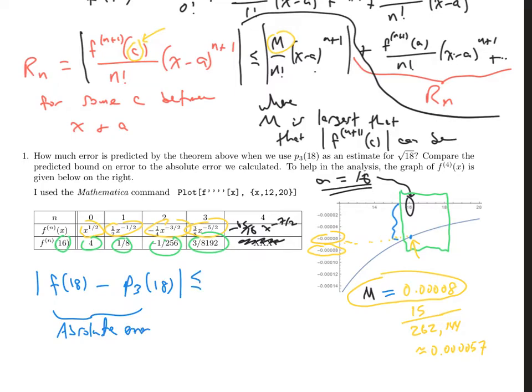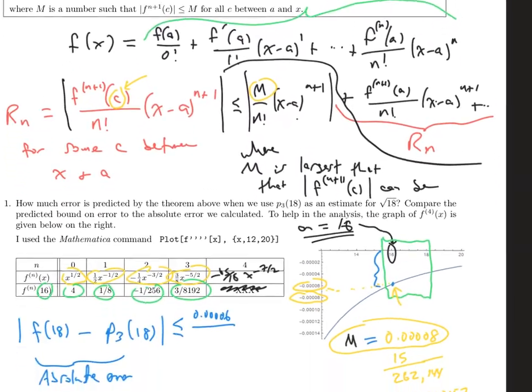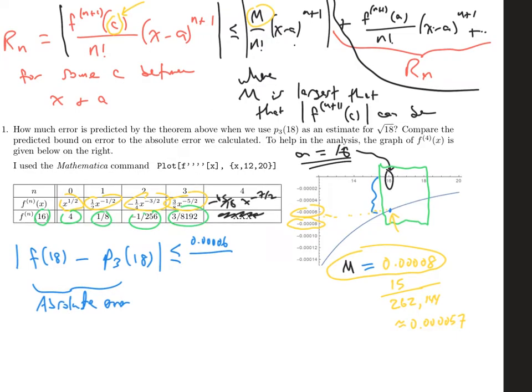The theorem says that's no more than m, I'll just use 0.006. I'll scroll back up so we can see, oh, the m is there. M times 18 minus 16 to the fourth over 4 factorial.